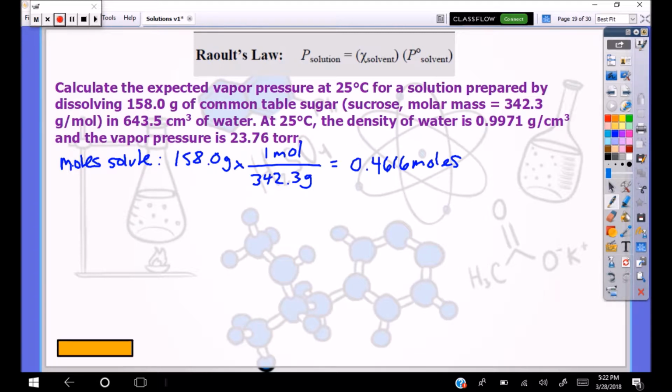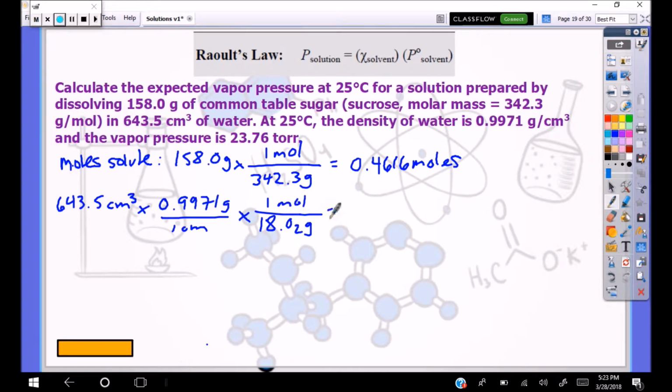We also know that our grams of water will be based off of this volume and the density. So 0.9971 grams per centimeter cubed, and then that will have to be divided by 18.02 grams of water per mole to convert this to moles of water.